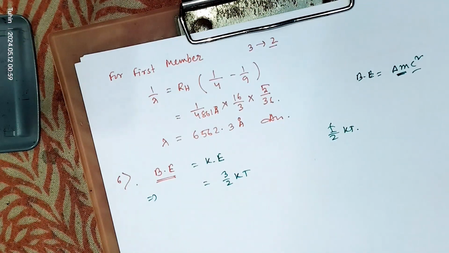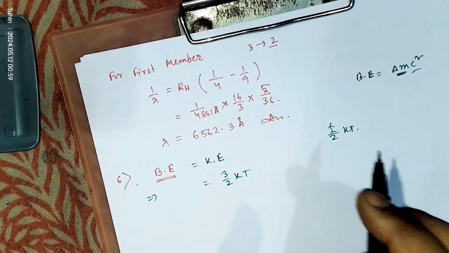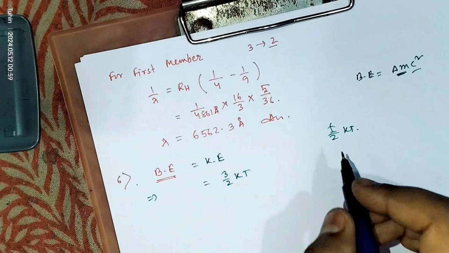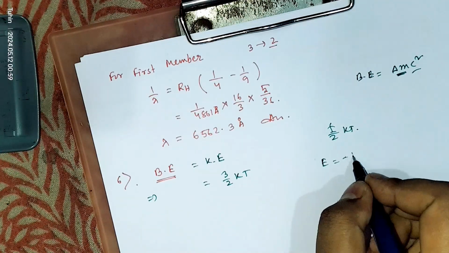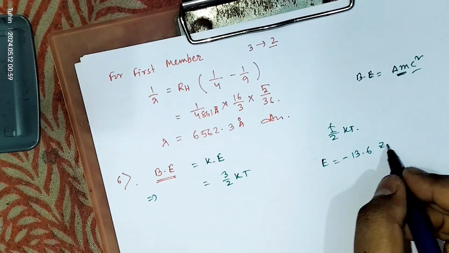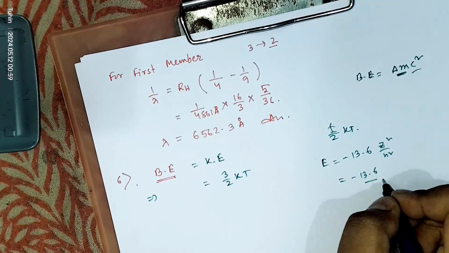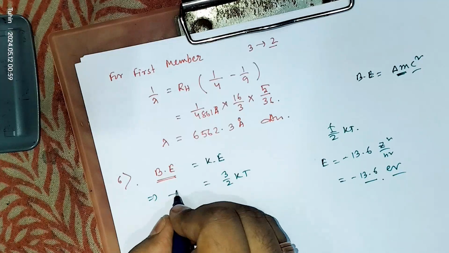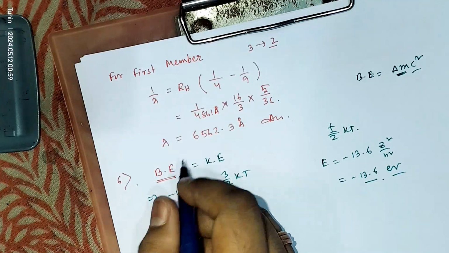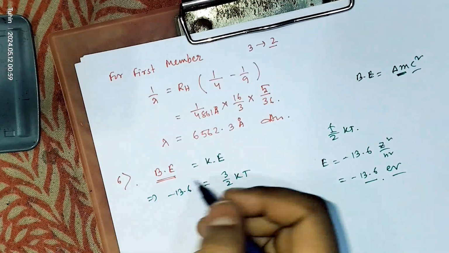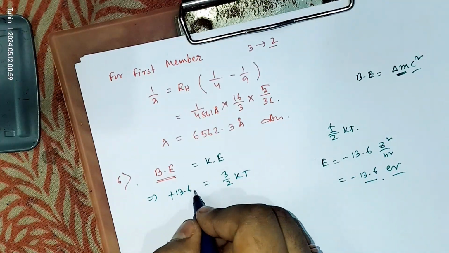This is the kinetic energy, and the binding energy is the total energy required. For the hydrogen atom you already know E equals minus 13.6 Z squared by n squared, and with Z equal to 1 and n equal to 1, it is minus 13.6 eV. I am not giving any minus consideration here; I am taking the modulus.